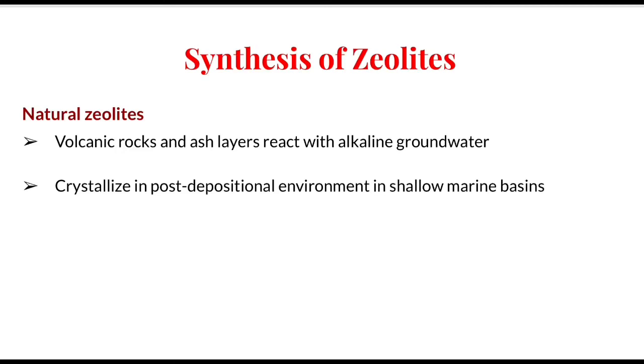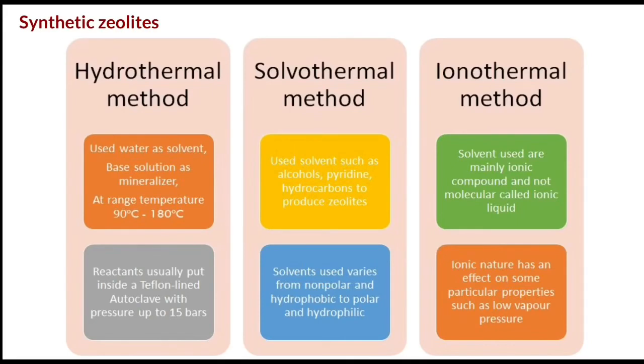Next is synthetic zeolites. There are three methods used to synthesize synthetic zeolites. The first is the hydrothermal method. The hydrothermal method uses water as solvent and a base solution as mineralizer, and reacts at a temperature range of 90 degrees Celsius to 180 degrees Celsius.